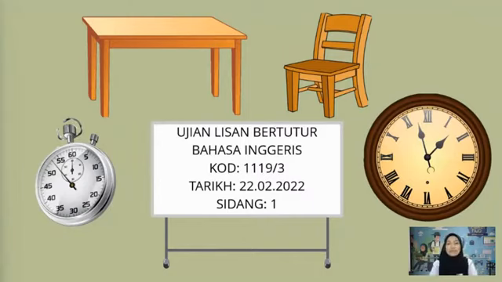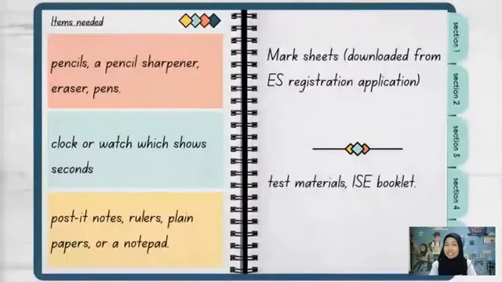Now let's take a look at the items needed for the interlocutor and the assessor. Before you begin a speaking test, make sure you are equipped with these items: pencils, a pencil sharpener, an eraser, pens, and of course a clock or watch which shows seconds and which doesn't have a loud tick.